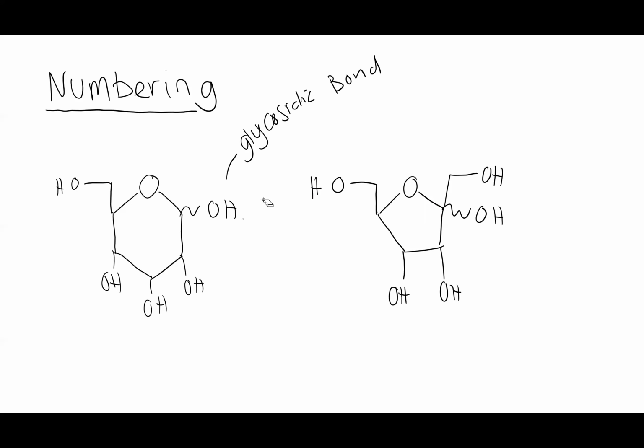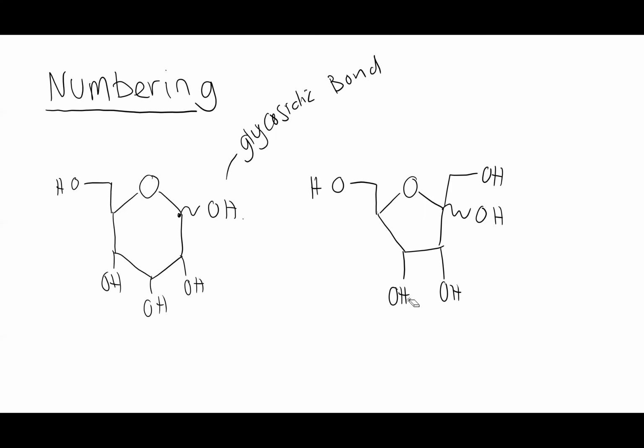And what this looks like is, again, the oxygen from one group is going to form a bond over here, essentially removing this OH group, directly attaching to the carbon here. And so you have a carbon to oxygen to carbon bond.